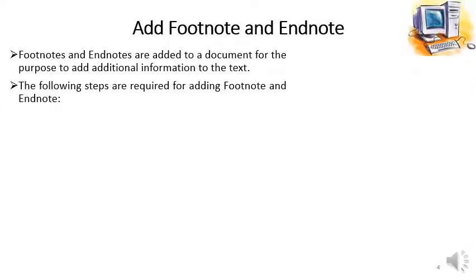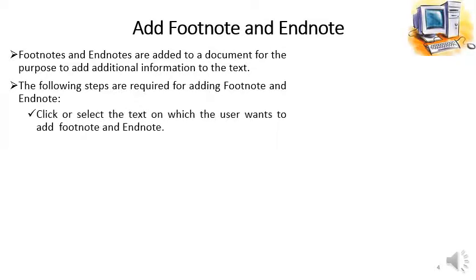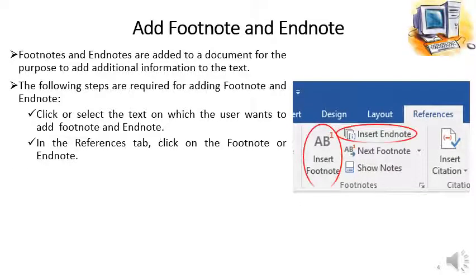The following steps are required for adding footnote and endnote. Click or select the text on which the user wants to add a footnote or endnote. In the reference tab, click on the footnote or endnote. Here in this image we can see that the references tab is active, and inside the references tab there is an insert endnote option, and on the other hand there is also an insert footnote option.